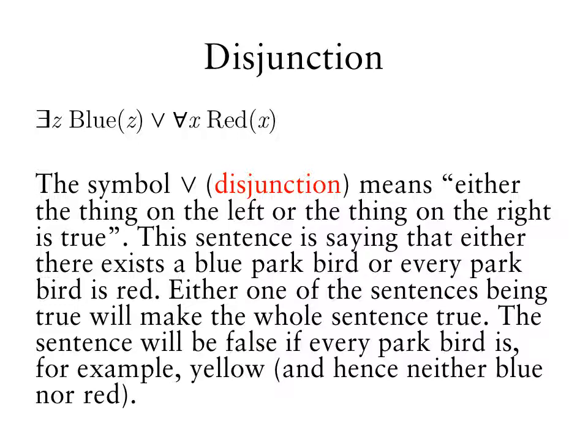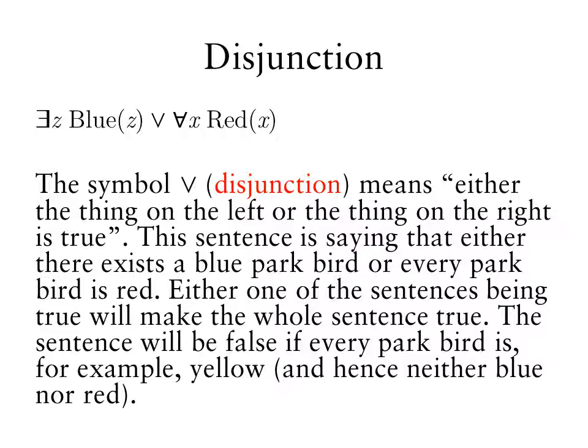If there's a z such that z is blue, then this whole sentence is true. And likewise, if both of these things are true, then the whole sentence is true. The only case where a disjunction is false is if neither of the sentences on either side of it are true. In other words, their negations would be both true.